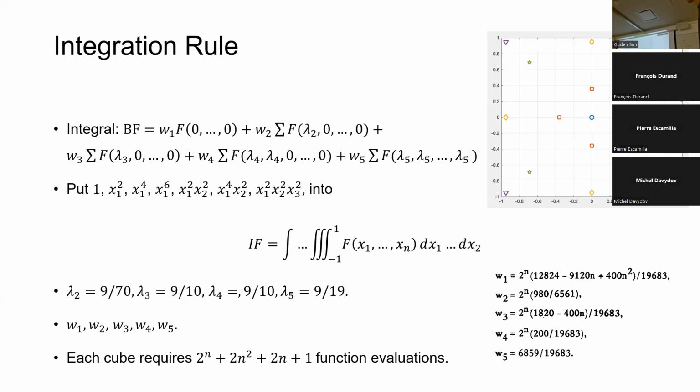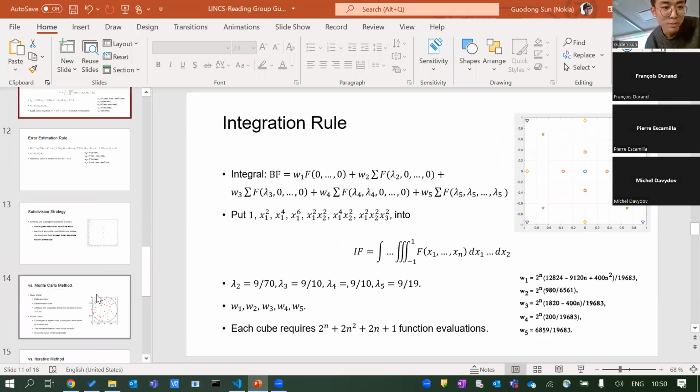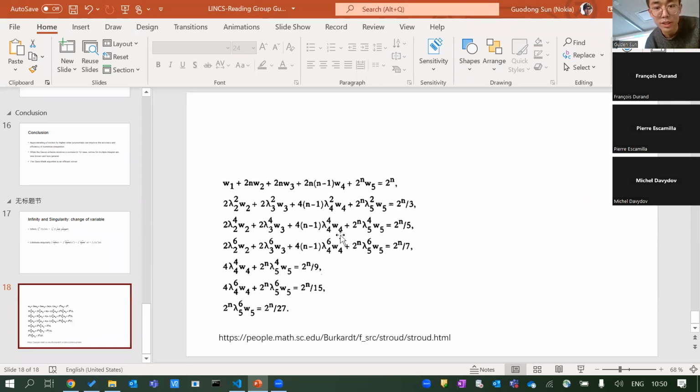I don't understand. Okay, so yes, this will be a bit complex, and I put it at the end of this slide. This means that you put this root into this integral and consider a normalized case of the integral.